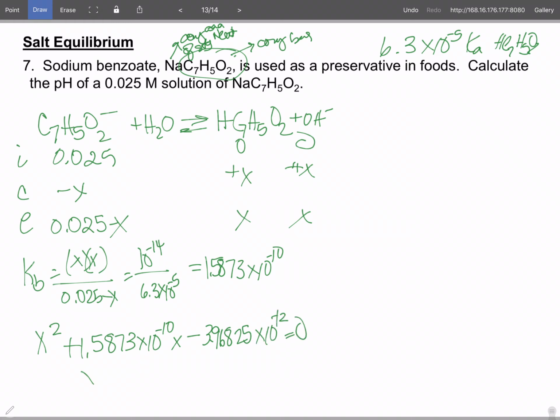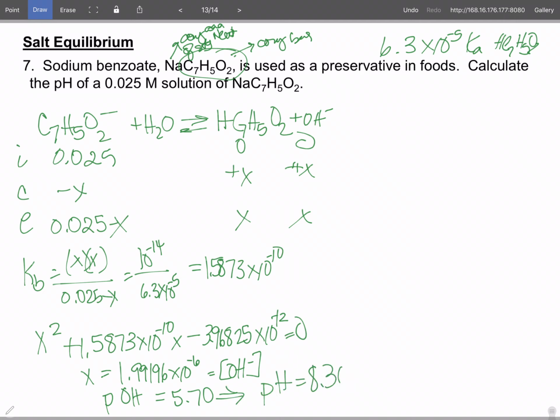We're going to run it through the poly function, and we get 1.99196 times 10 to the minus 6th, which is equal to the hydroxide ion concentration, which means my pOH is equal to 5.70, which means my pH is equal to 8.30, which makes perfect sense because we know this is a basic solution. Our pOH is less than 7, so our pH should be greater than 7.